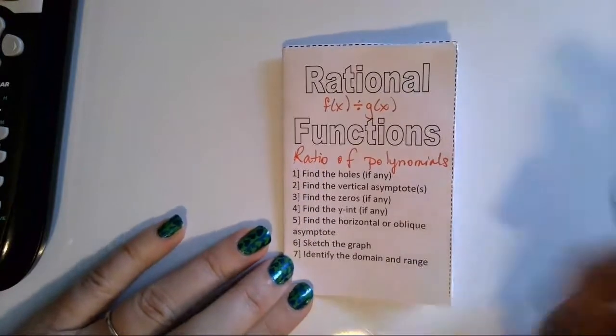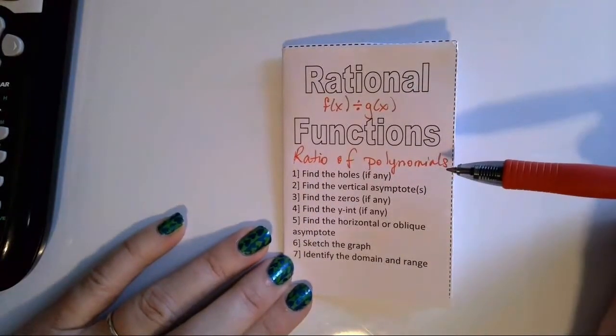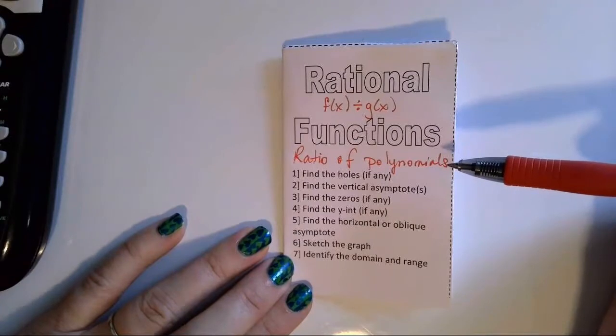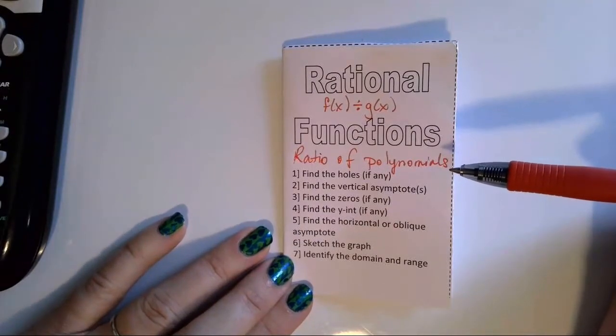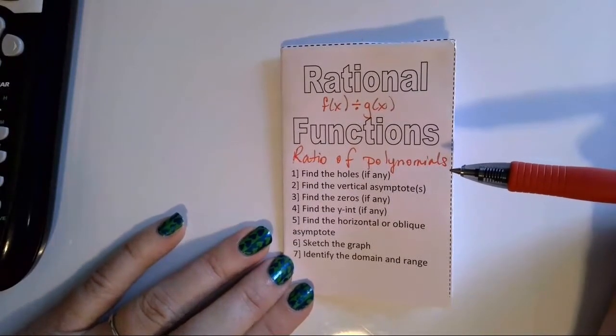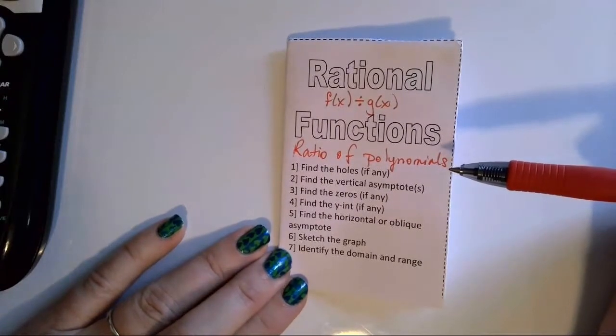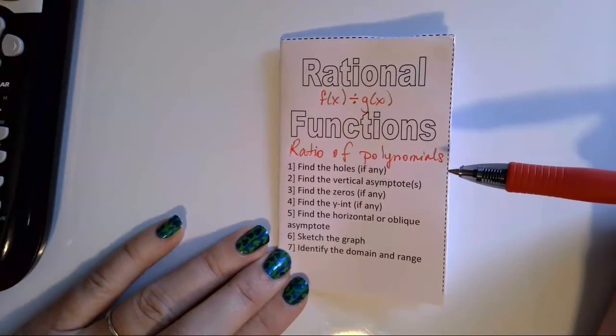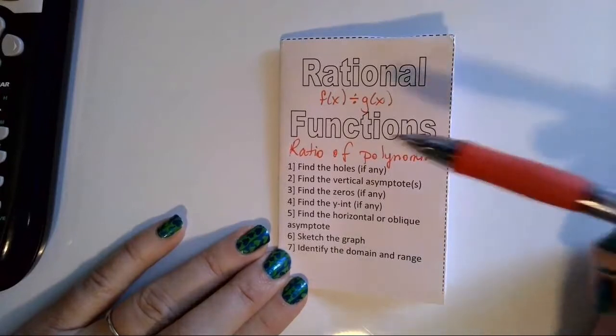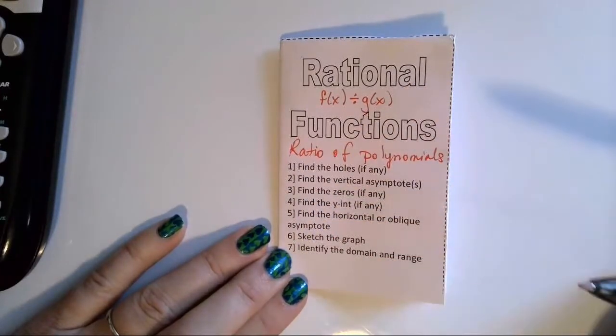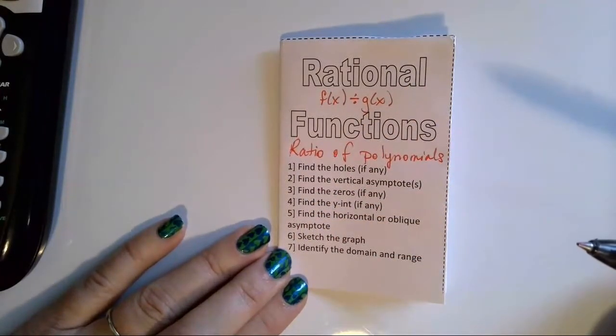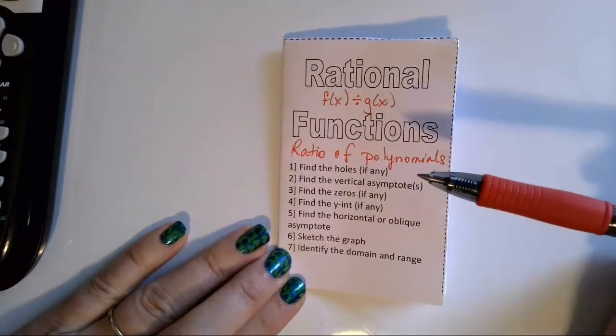And we looked in the beginning of the year at graphing the reciprocal function 1 over x using transformations. In this lesson, we're going to look at more complicated rational functions and how to graph them. And the steps for graphing rational functions are listed here for you on the front of the notes book as a quick reference.